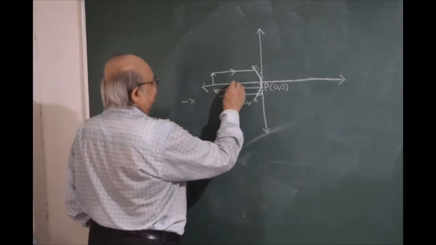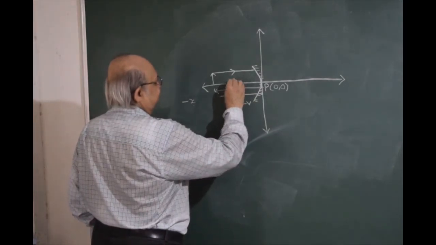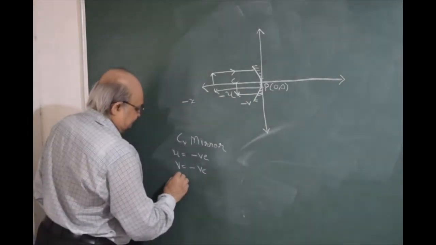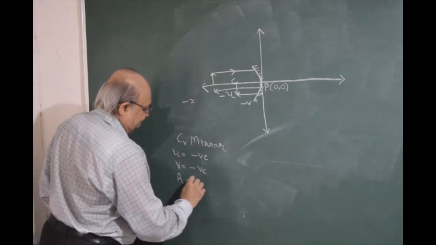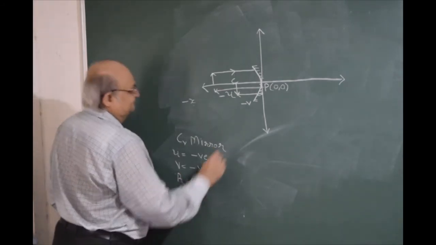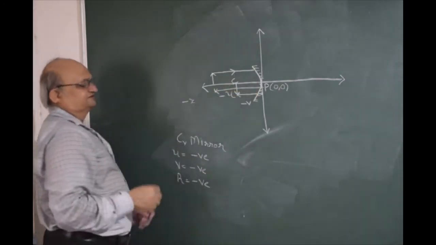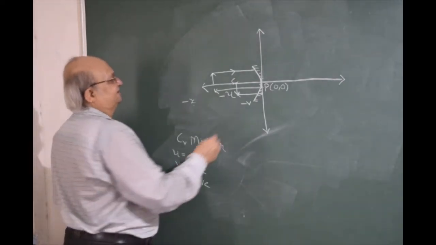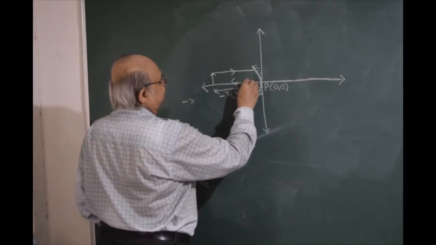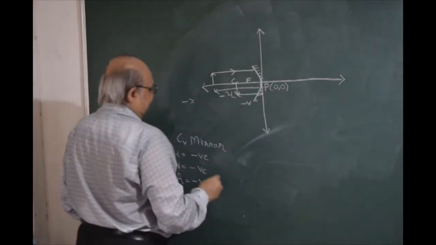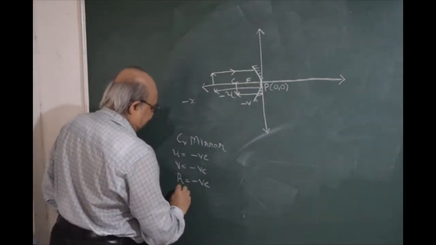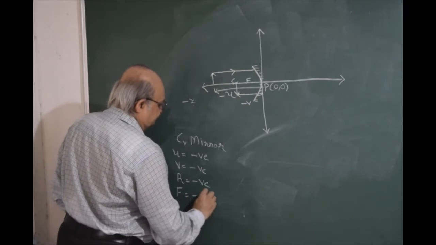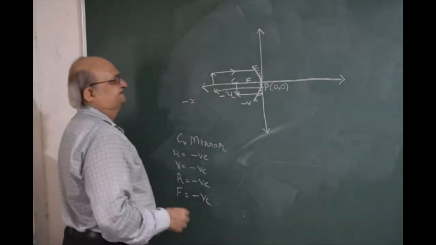The center of curvature will be somewhere here, and therefore r will also be negative because we will be measuring towards the negative part of the x-axis, and the principal focus will be somewhere here, and therefore the principal focus will also be negative.